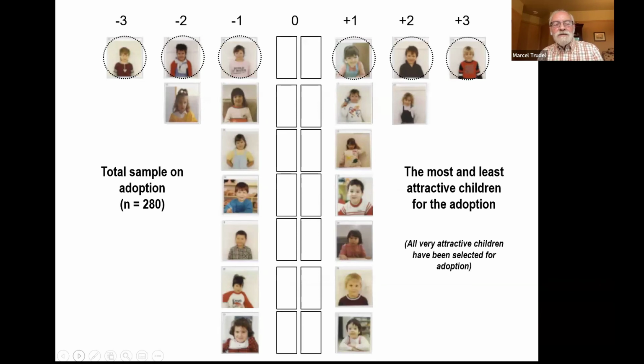The total sample for adoption is about the same, with some minor differences. But what I like with photos is that you can see, sometimes, some contrast, but all the very attractive children were selected for adoption. Next.